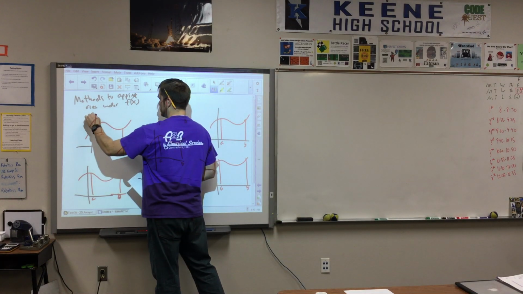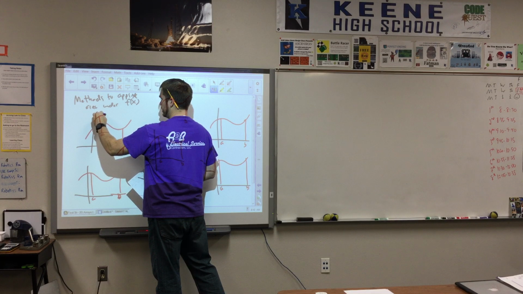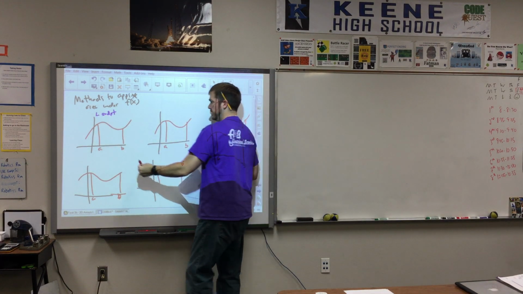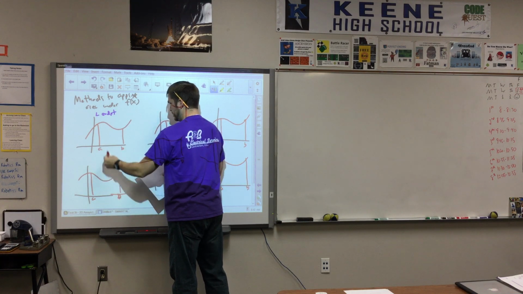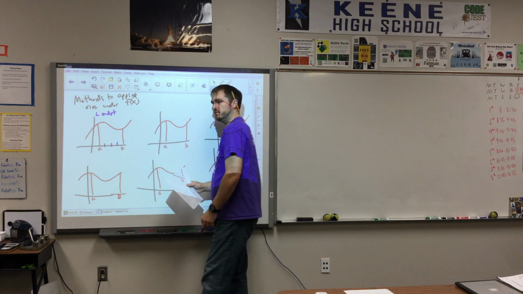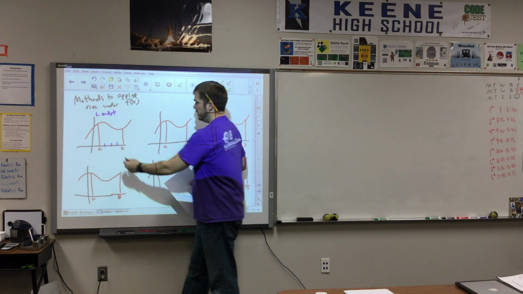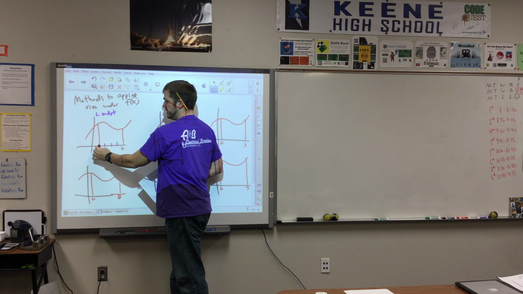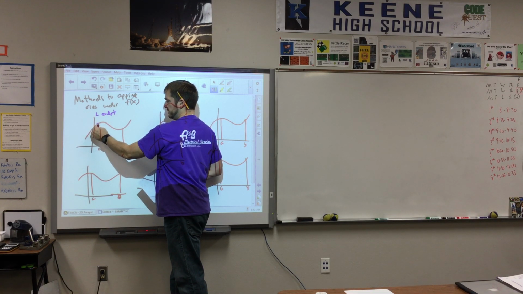The first method, which I'll show you, is the left endpoint method, which says, all right, we're going to divide this up into, maybe, 4 rectangles, and this rectangle is going to go as high as where the left endpoint hits the function.